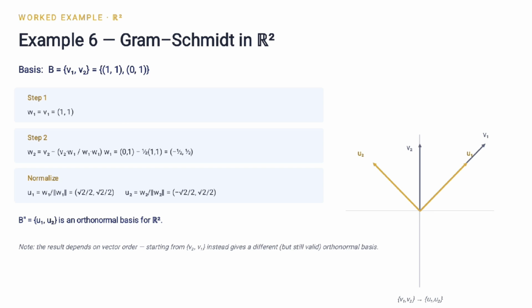And next, we normalize both vectors by dividing each by its length. The final vectors are perpendicular and both have length 1. So we notice that if we change the order of the original vectors, we will get a different orthonormal basis, but it is still correct.